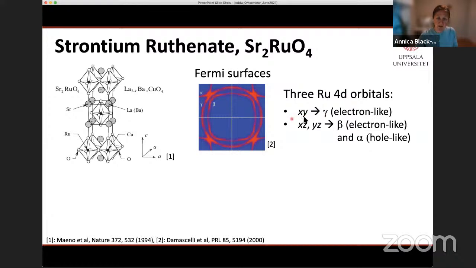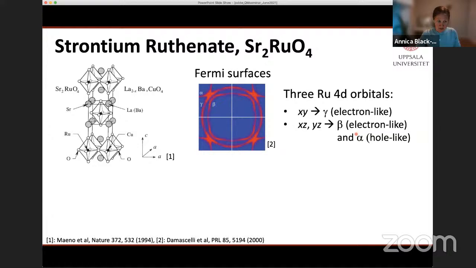So you have the XY orbital forming the gamma-like band, and the XZ and YZ forming a beta and an alpha-like band. And here you can already see that I start with three orbitals, and they hybridize clearly in this case. So one can imagine the interband hybridization I need is indeed going to come from just having three orbitals here that mix.